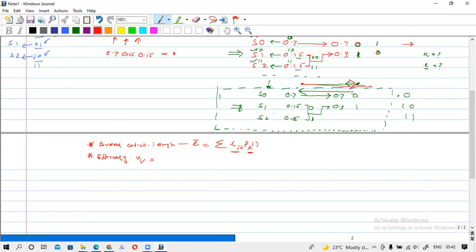We will see this clearly when we are calculating the length. And the efficiency is the entropy divided by L bar. To find the efficiency, you have to find the entropy also.